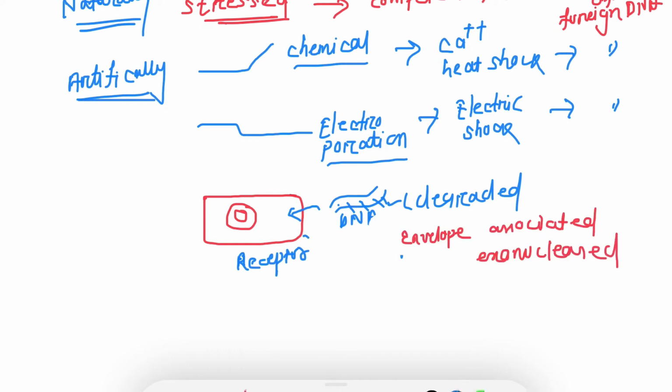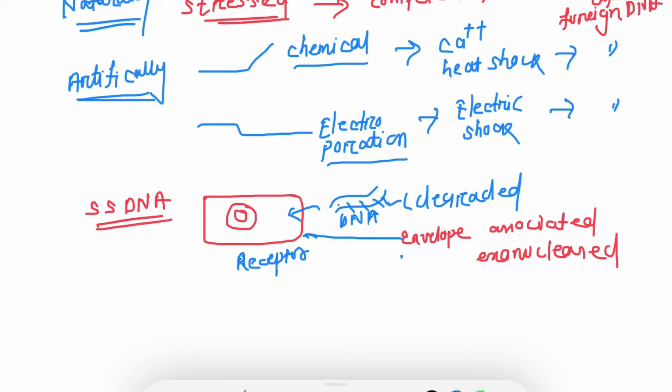So in transformation, only single stranded DNA is transformed. This one is important: only a single strand, and the other strand of the DNA is degraded by the envelope associated exonuclease.